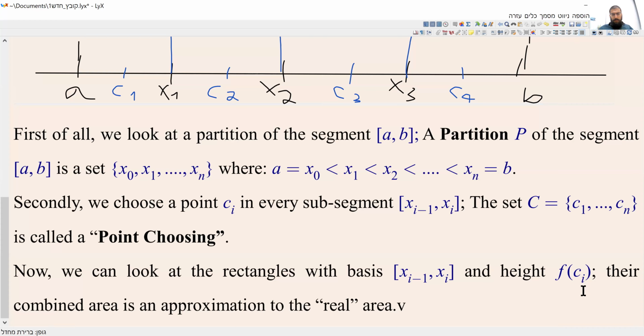Real, because we are actually trying to define it right now. But intuitively, we can look at the picture and say, okay, this area here.